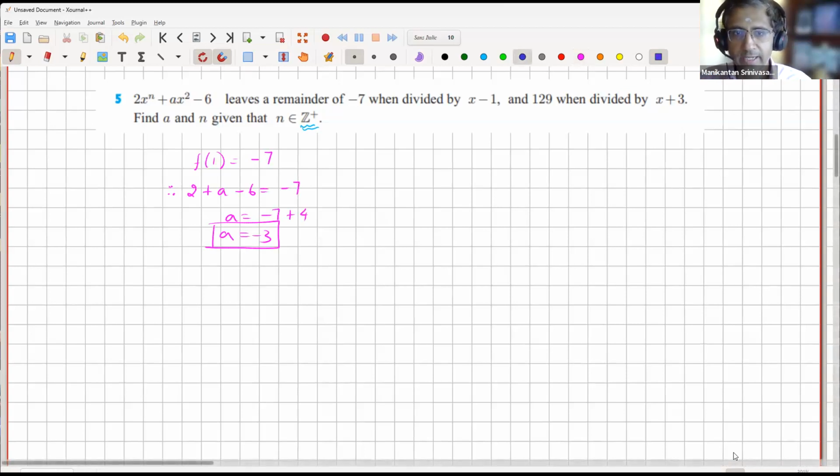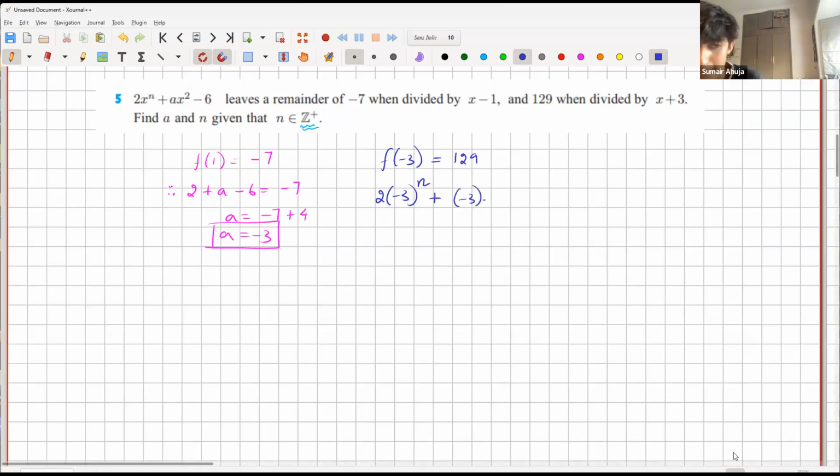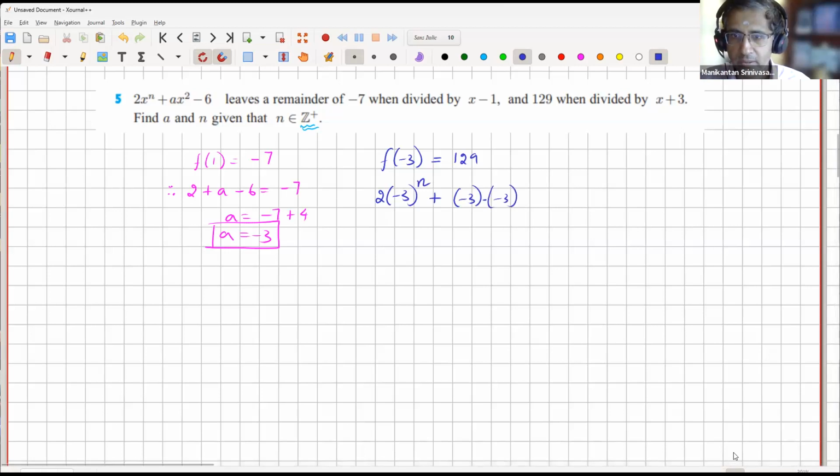So A is -3, we all agree. And then the second part, I got N as 4 only. 4, right? So f of -3 is 129. So same thing. So 2 times -3 power n plus A, which we know is -3, times -3 whole squared, minus 6 equal to 129.